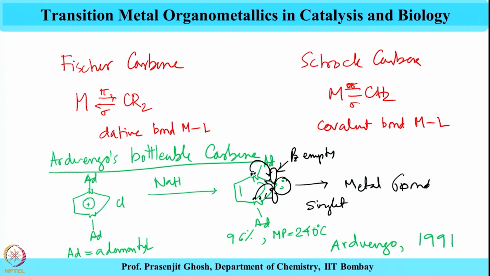So, that is how these carbenes were prevented from going back to their triplet state, which is less stable or not accessible.